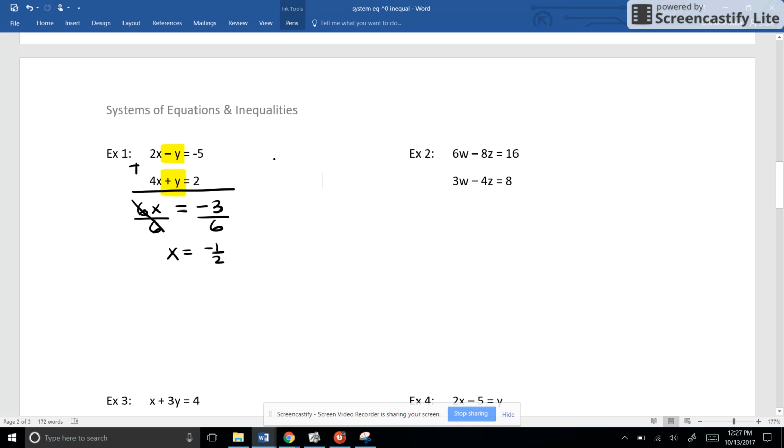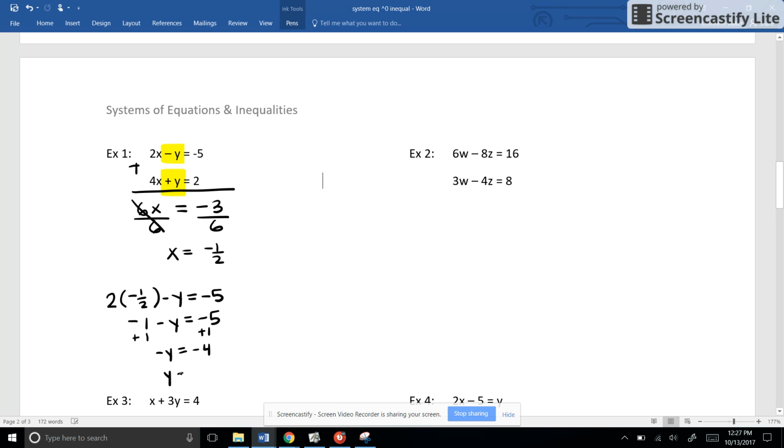I'm going to take that negative half and plug it back in for x and solve for y. So 2 times negative half is negative 1. I'm going to add 1 to both sides.